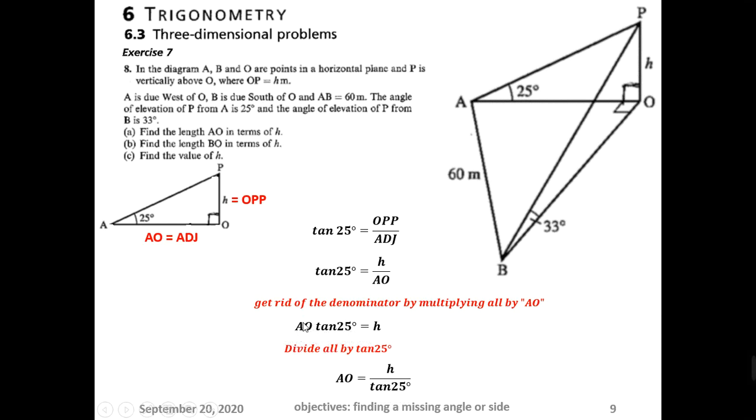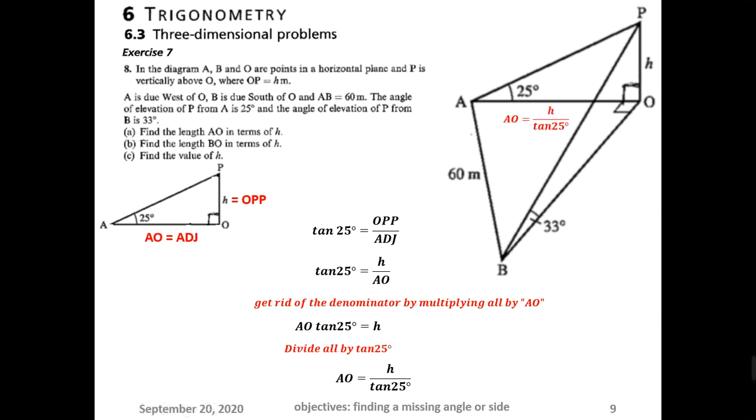Accordingly, we are isolating AO and we succeeded at that. AO is left on its own, equal to H over tan of 25. So AO is now my subject and it is written in terms of H. That's the answer for the first part of this question.